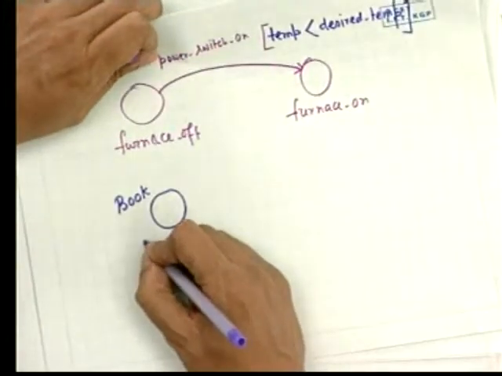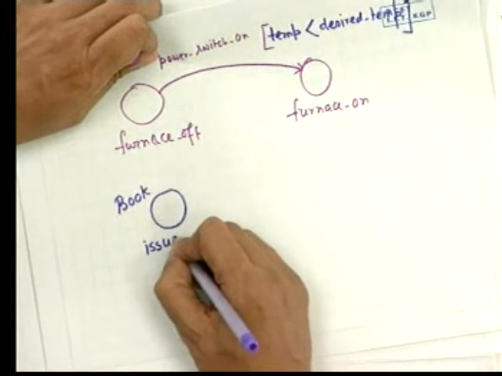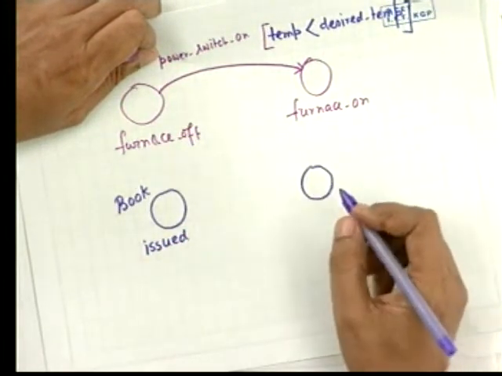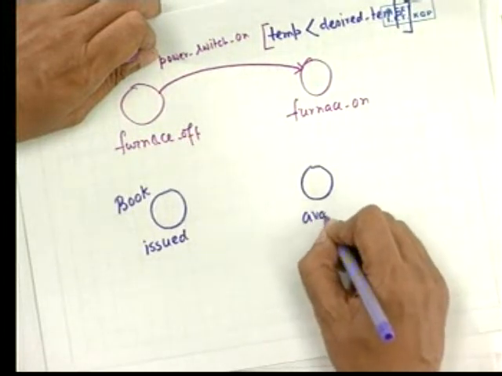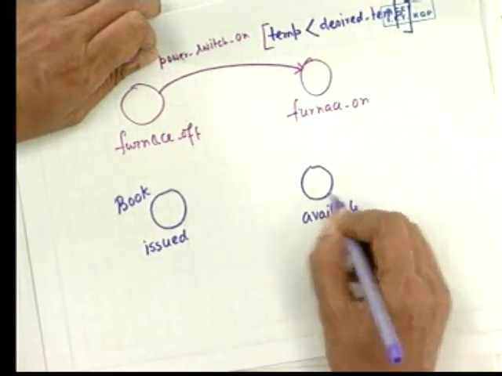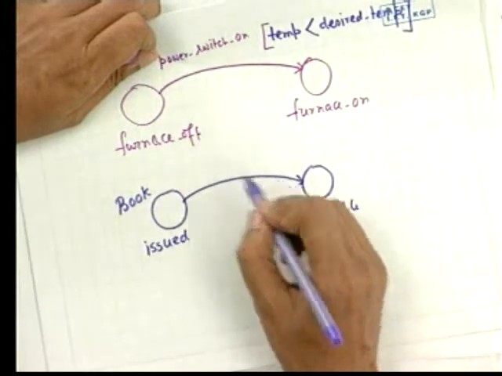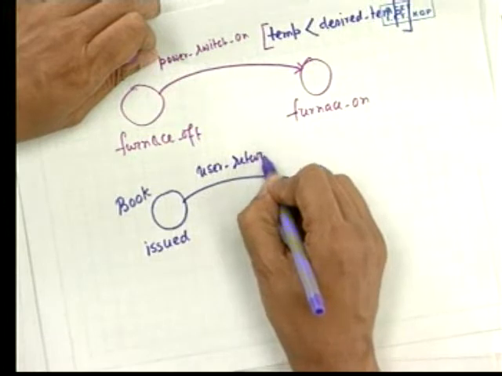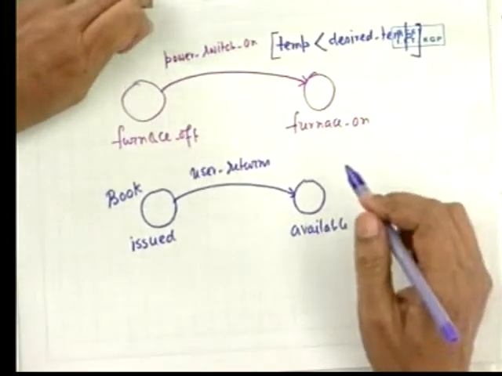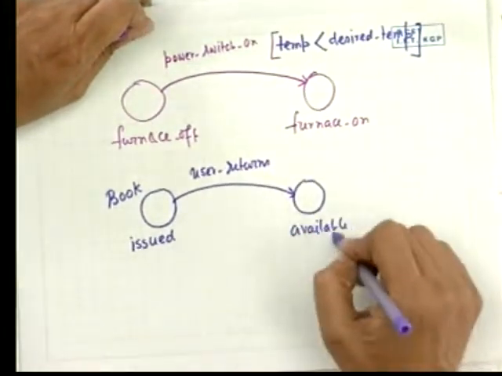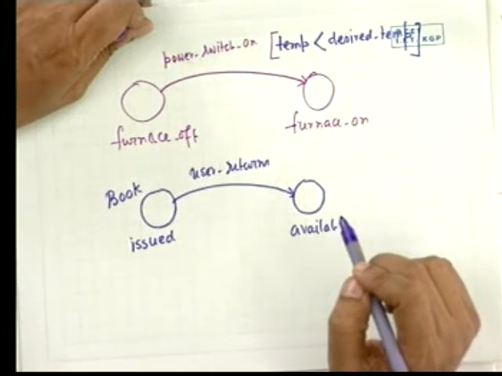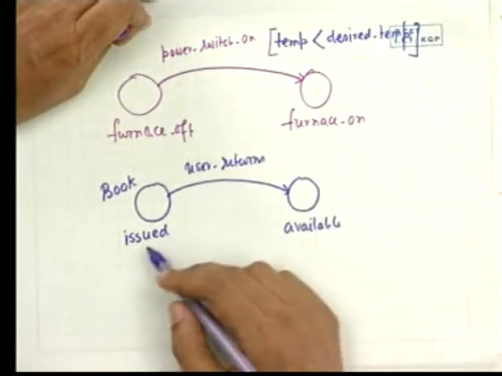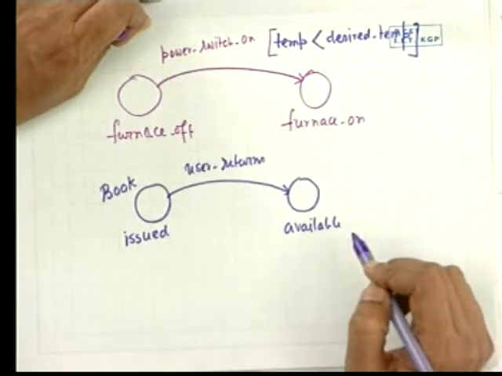Suppose it is in a state called issued, and then it can go to the state available provided the event user returns takes place. Then the state of the book will change from issued to available.